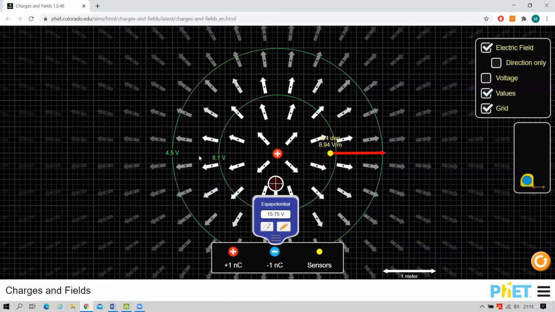This time, this equipotential line is at 8.1 volts. It's a higher potential than this one because it's closer to the source charge. So that goes like this, and if you press the eraser, it will erase all the equipotential lines.